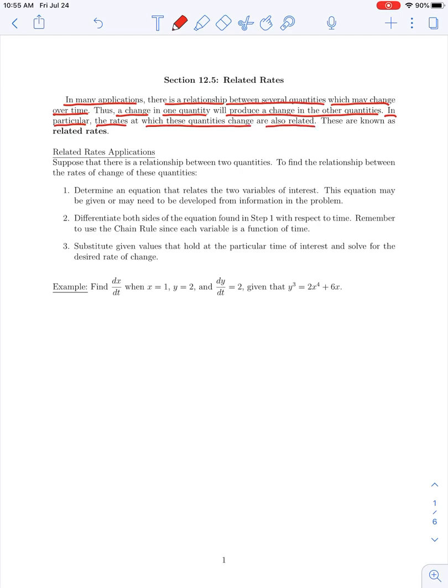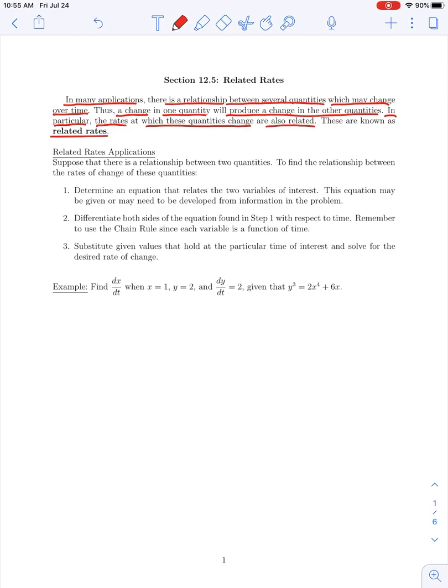If we change the price more rapidly, we would expect to see a more rapid change in the quantity supplied or demanded. So this concept is known as a related rate. The rates of change of two related quantities would also be related.